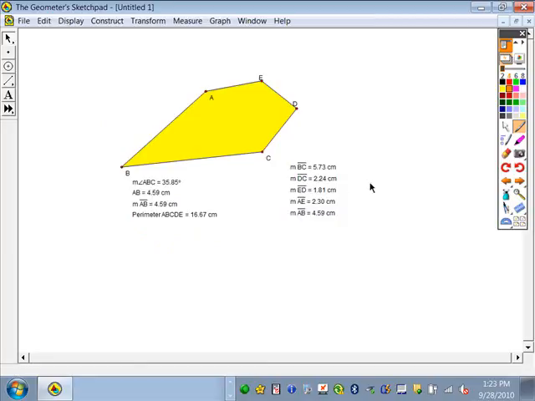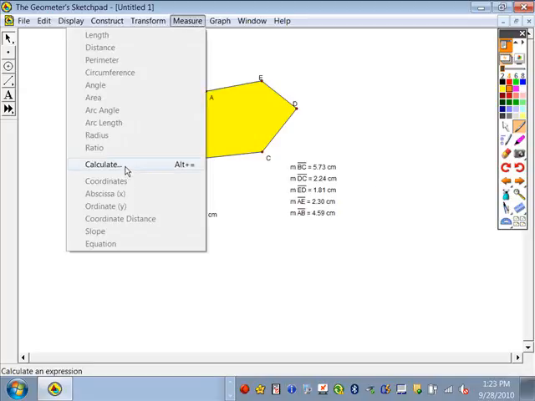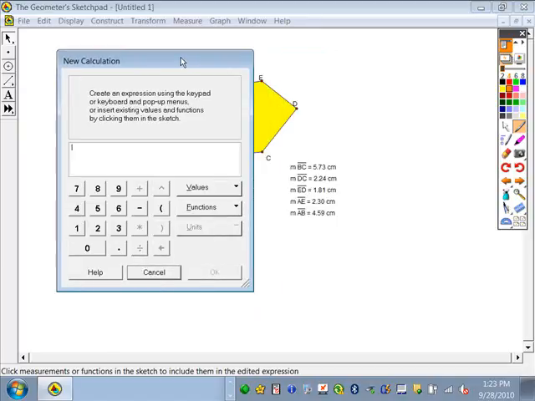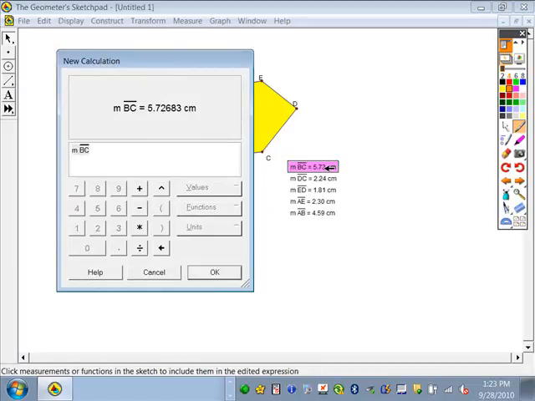Okay, and I want to show you how you can combine these. Rather than trying to do this by yourself or use a calculator by yourself, if you go to Measure and click on Calculate, a little calculator pops up. When you look at this calculator, not only can you add numbers and different functions, but if you click on a measurement, it takes the measure of that segment.